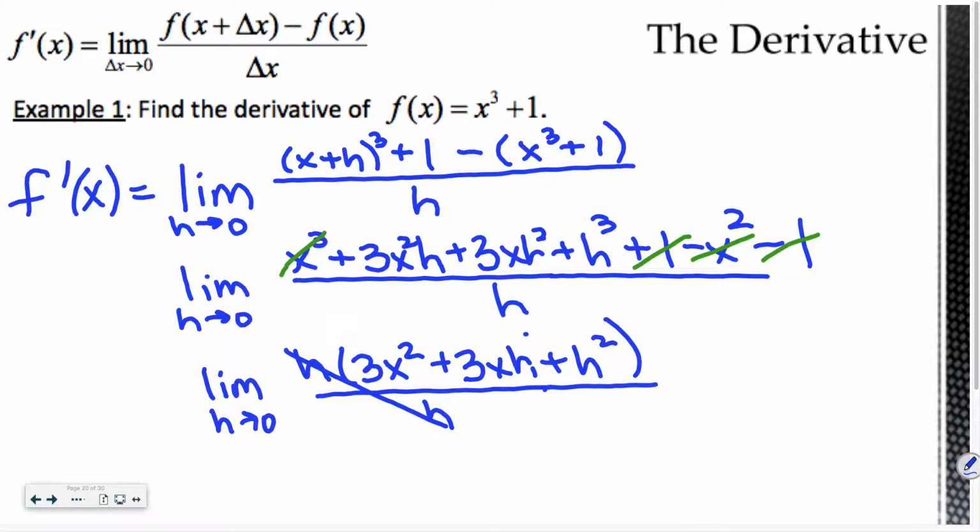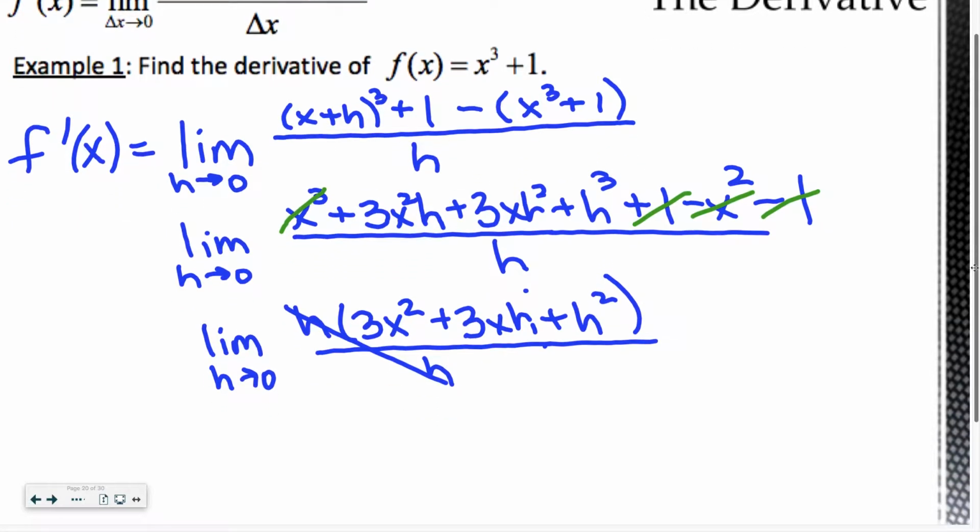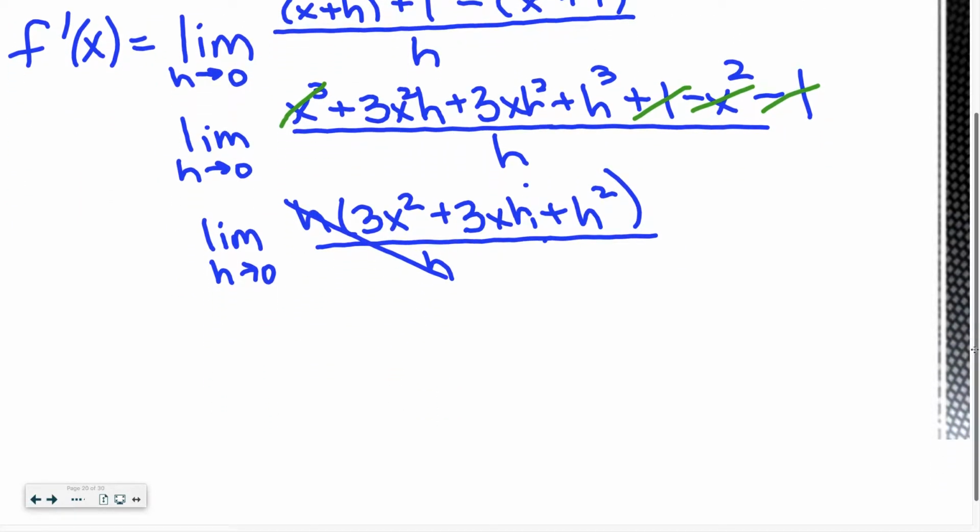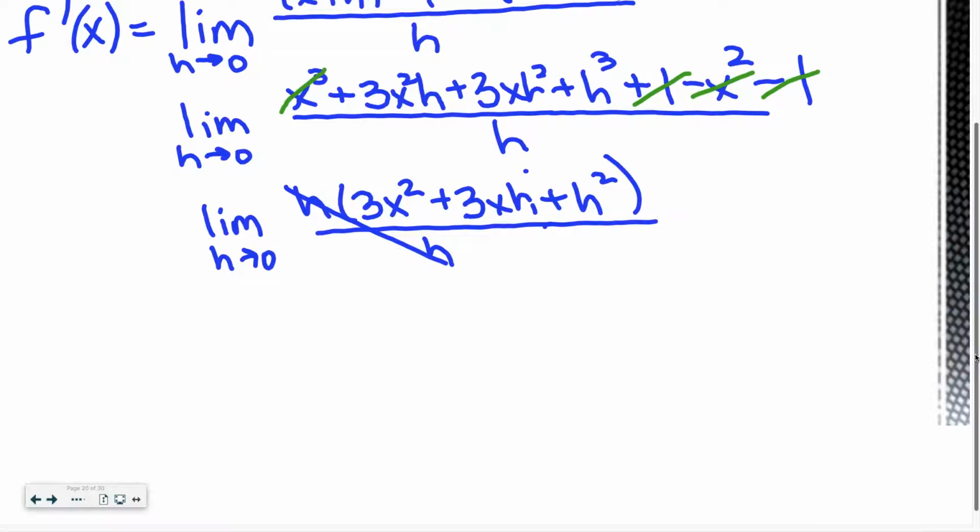Okay, so do you feel better about this? We agree with what's happening here? Now I need to evaluate the limit as h approaches 0. So I'm plugging 0 anywhere there is an h.